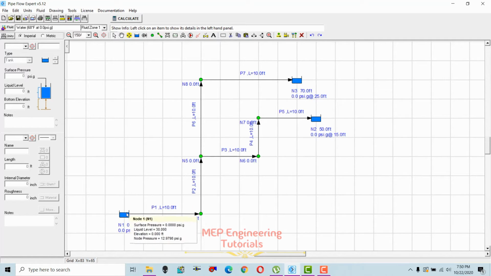So let's say we calculate the total demand for these two tanks is 200 GPM. We got 80 GPM for this tank, and 120 GPM for this tank.